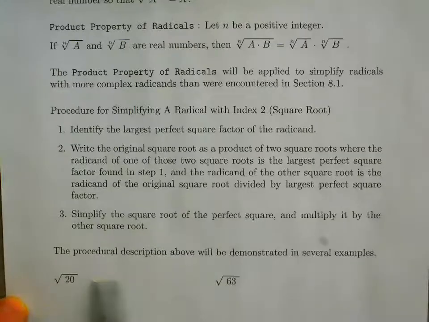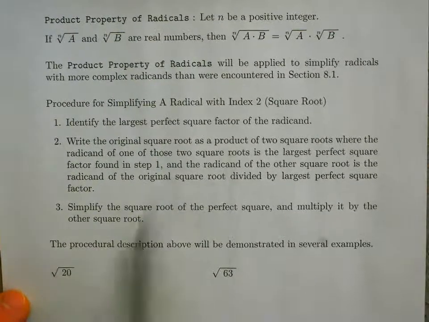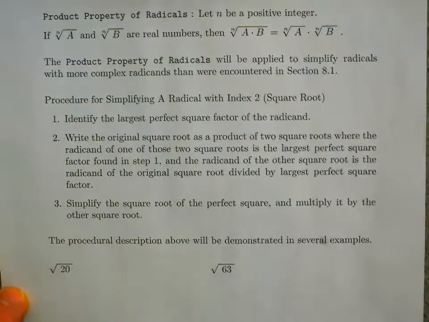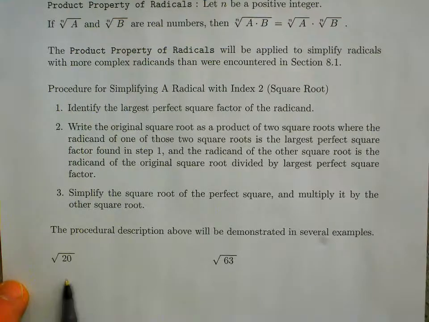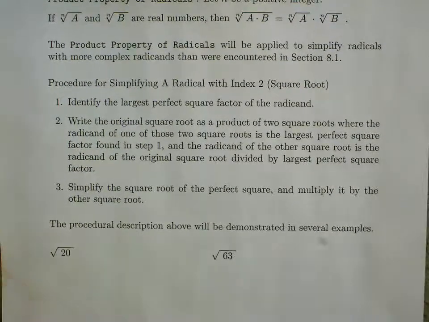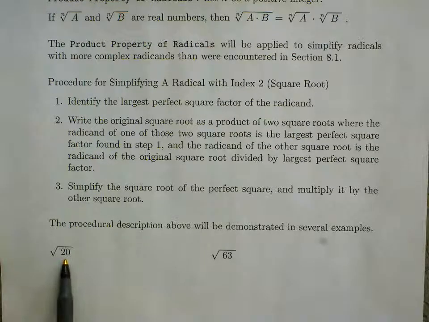Okay, so we'll demonstrate that procedure with some examples. So the first one, the square root of 20. 20 is not a perfect square, but it has a whole number factor that is a perfect square. 4 times 5 is 20, and 4 is a perfect square.